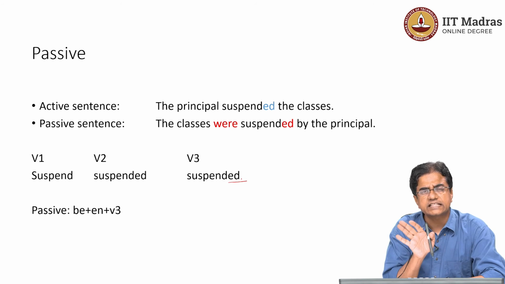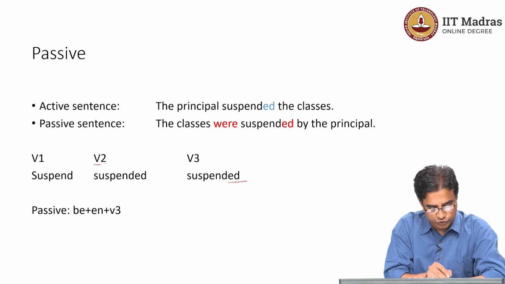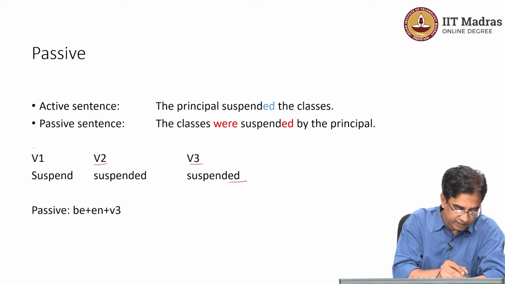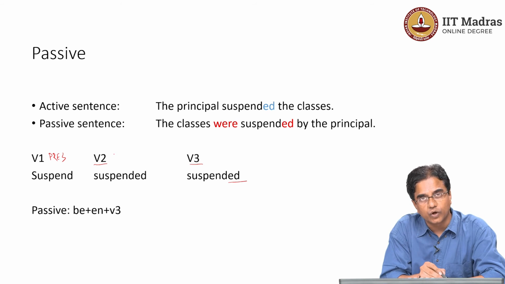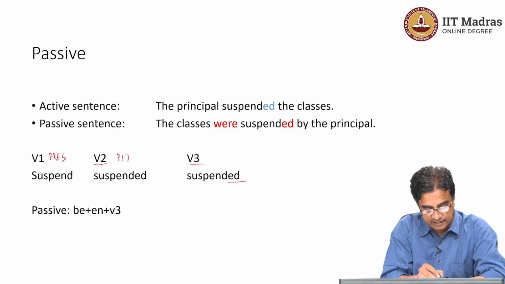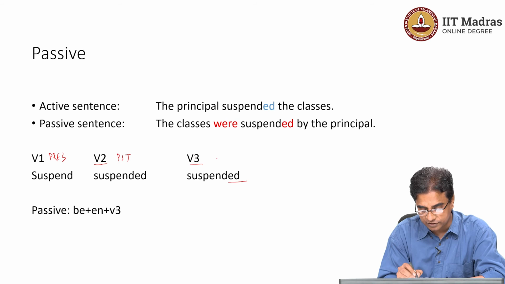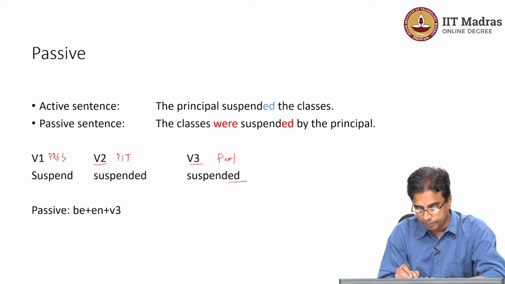There is a direct resemblance between V2 and V3. This is why sometimes V1 is called present, V2 is called past, and V3 is called past participle because it looks like past, but we will call it participle. This is an important part.